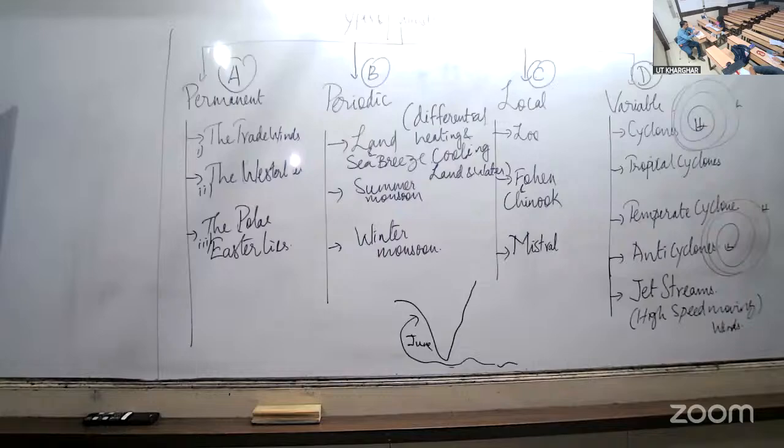On land there will be high pressure and over water low pressure. Next point: opposite of summer, a high pressure zone develops over a major landmass area.